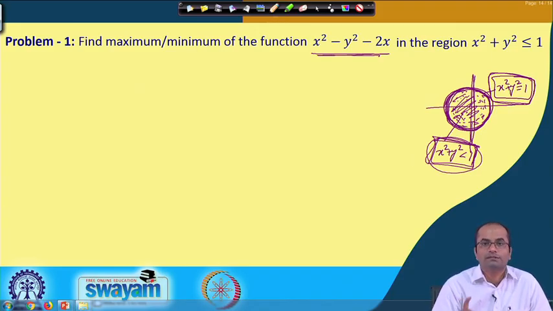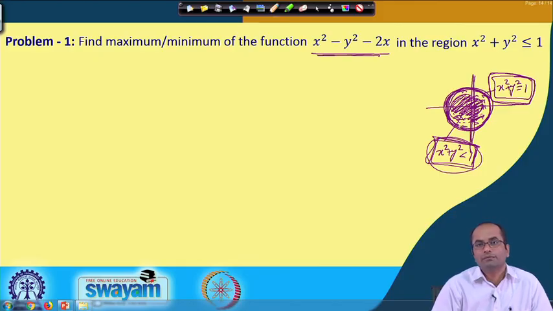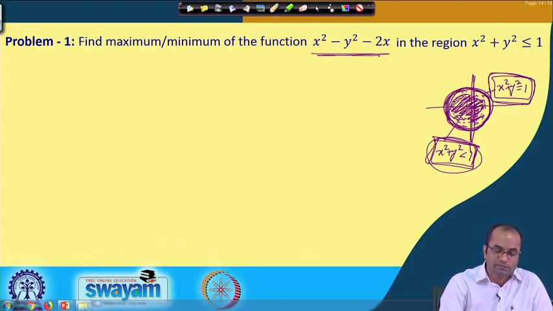So, this problem is taken in two parts. One is finding the critical points, or the candidates for local extrema, inside the domain, x square plus y square less than 1, and the other is finding the candidates for maxima and minima on the boundary.